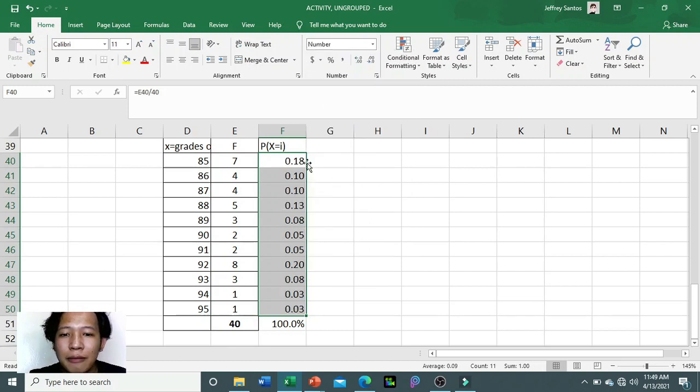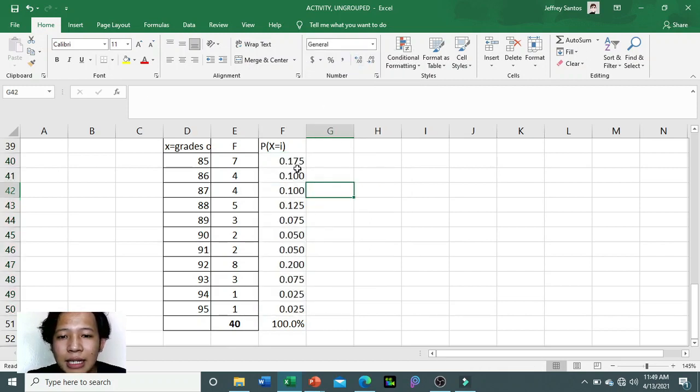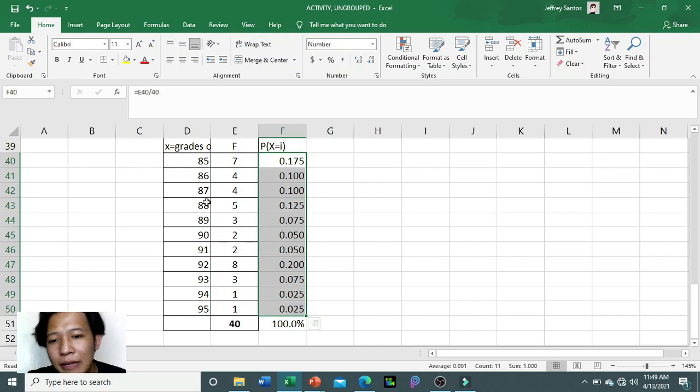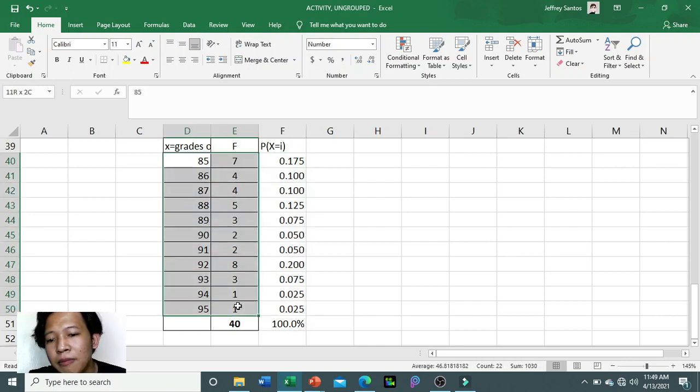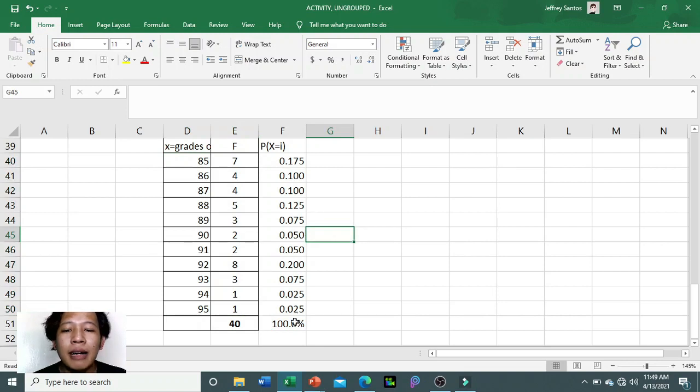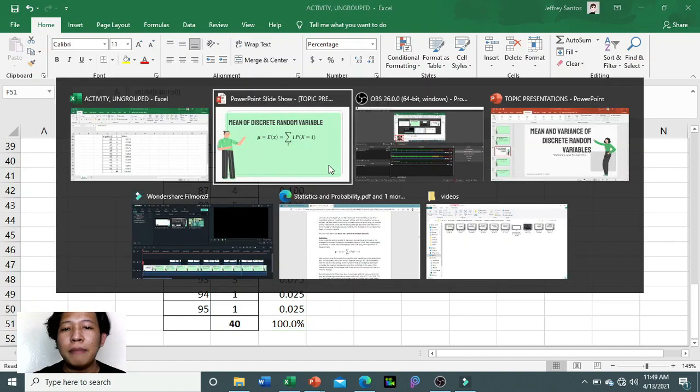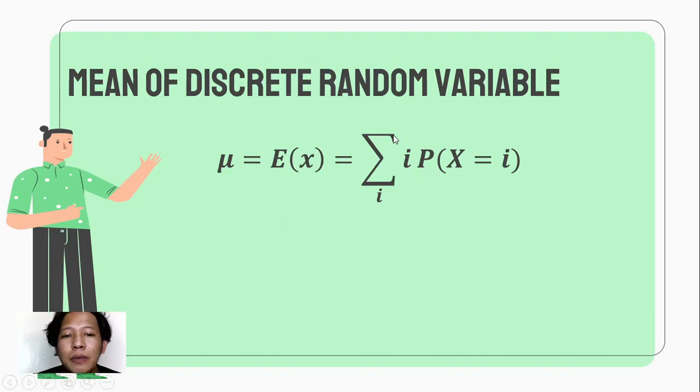This would be the probability for each random variable. Now, how are we going to compute for the mean? It says here that we have the summation of i. What is i?